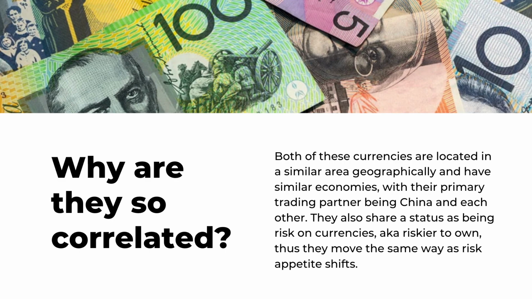Now, they also share a status as being risk on currencies, meaning they are perceived as being riskier to own, so they move with risk appetite. In other words, if investors as a whole are feeling more greedy and things are going good, then they will move in the same way, but they will appreciate.